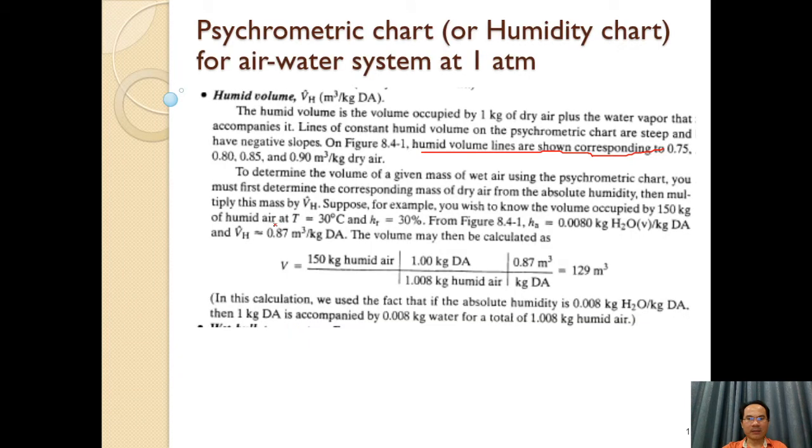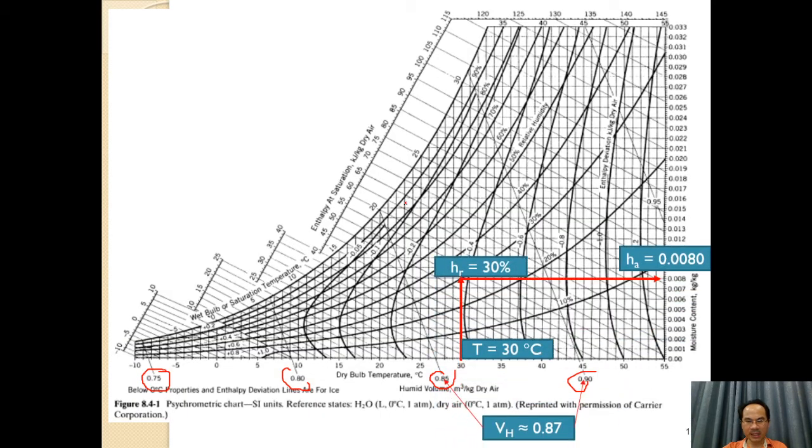For example, if we want to know the volume occupied by about 150 kilograms of humid air at a dry bulb temperature of 30 degrees Celsius and relative humidity of 30%, you have to locate 30 degrees Celsius and relative humidity of 30%.